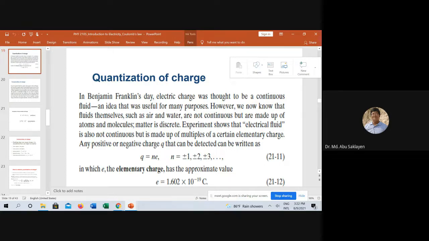Like this, quantization of charge means the total charge can be divided into a number of electron charges. So it is never 1.5 electrons or 2.3 electrons. It would be an integer number of electron charges.